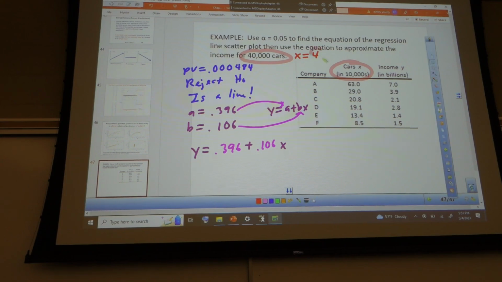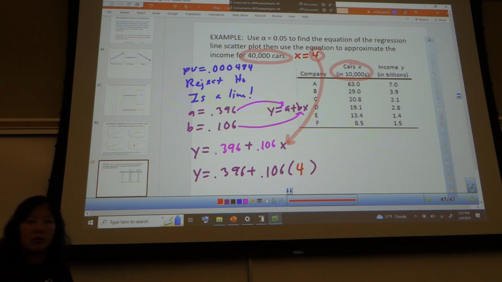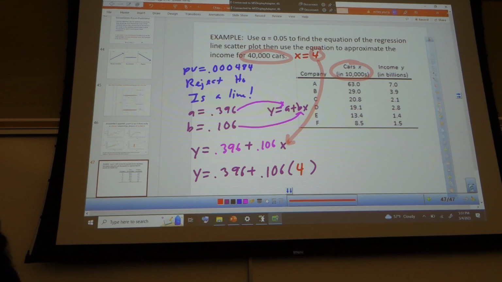So I'm going to plug that 4 in for x. So now I'm going to have y equals 0.396 plus 0.106 times 4. How are people feeling about this? Good? All right, so I'm just going to pop those in there.